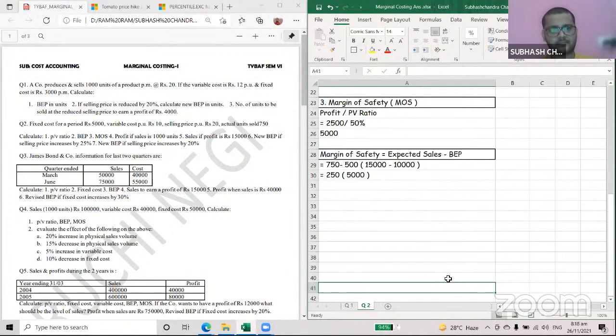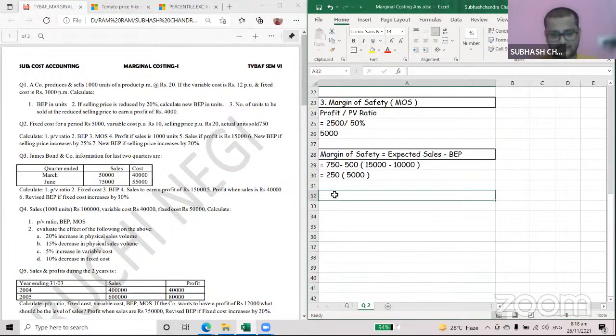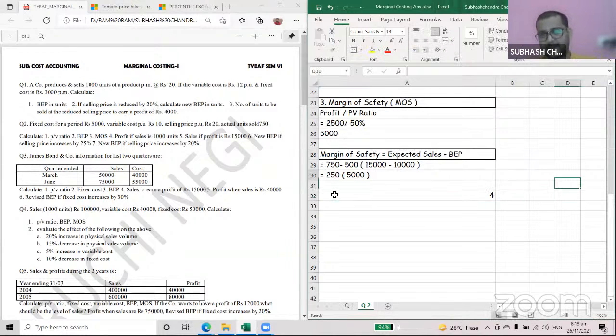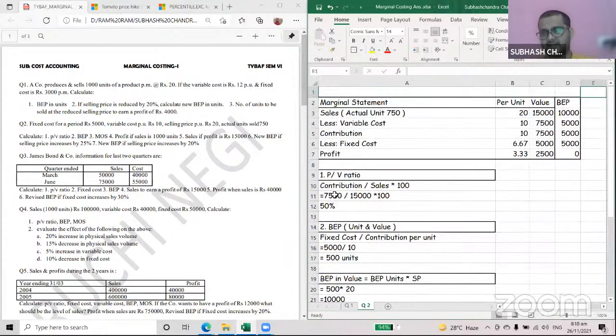Okay. Now see point number 4: profit if sales is 1,000 units. Now ignore the formula. Go to my marginal chart.